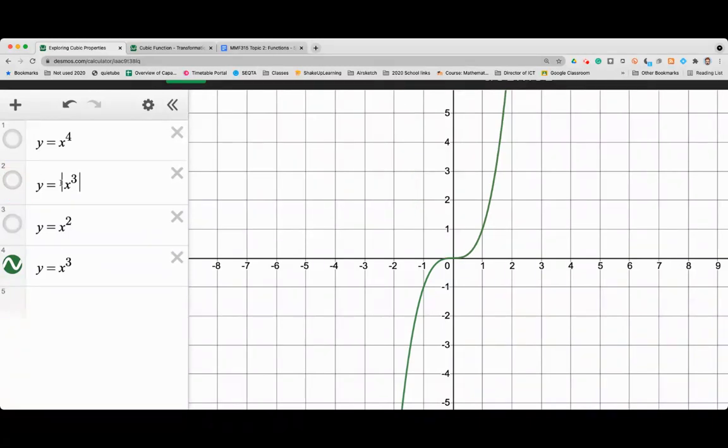I'll turn off the absolute value, and it looks like this. But I want you to see that the way a cubic works is basically one parabola here, and then a reflected parabola half here. It does the same thing where it grows from the left to the right. It starts off big, and as it gets down towards -1, it's getting smaller and smaller.